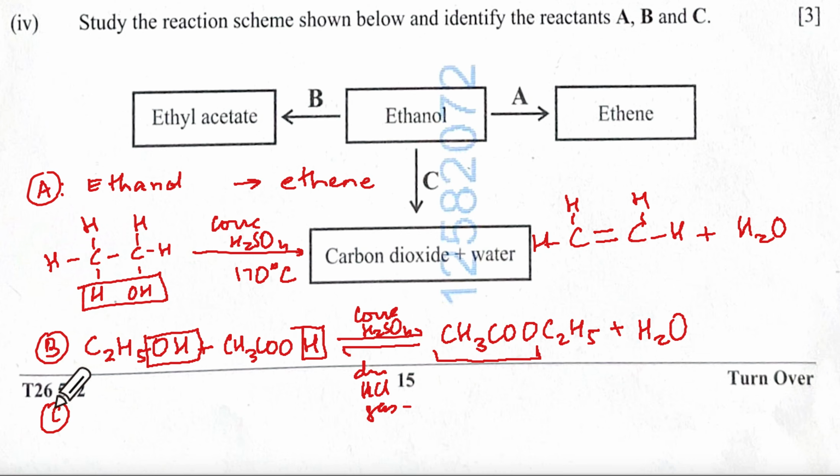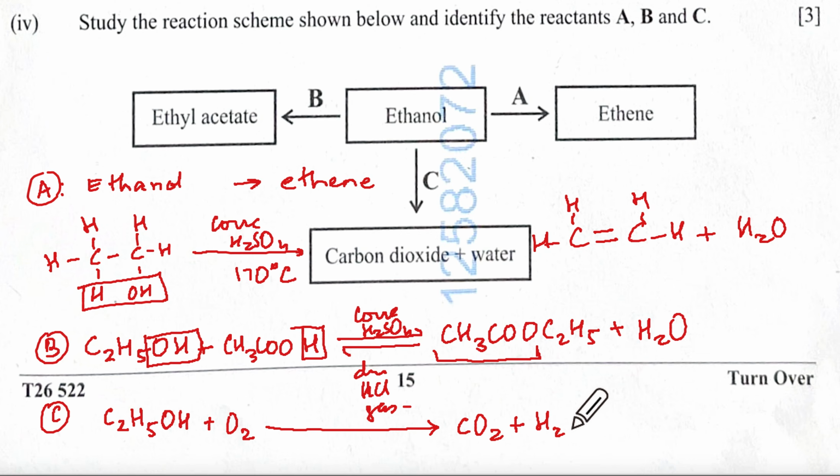C reaction, ethanol with carbon dioxide and water. So ethanol is C2H5OH, and it will have to be combustion, which will give me CO2 and H2O. Alright, now how many carbons do you see? 2 carbons. If I write 2 carbons here, how many H's do I see? 3.